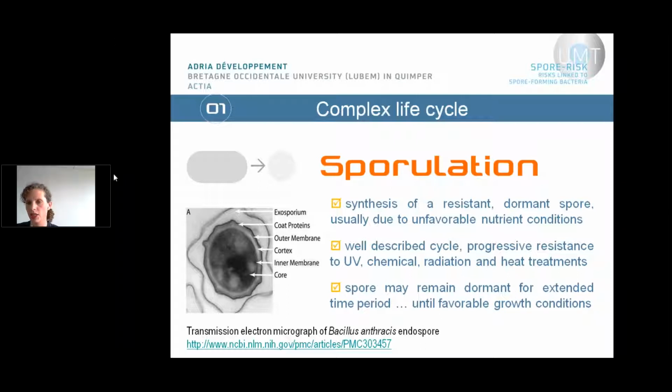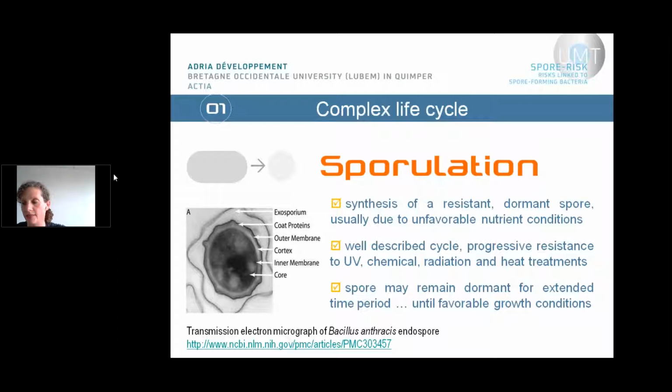Spores may remain dormant for extended periods of time. Even though there is no metabolic activity, spores are still able to monitor the nutritional status of their surroundings, and they can rapidly respond to the presence of appropriate nutrients by germinating and resuming vegetative growth.